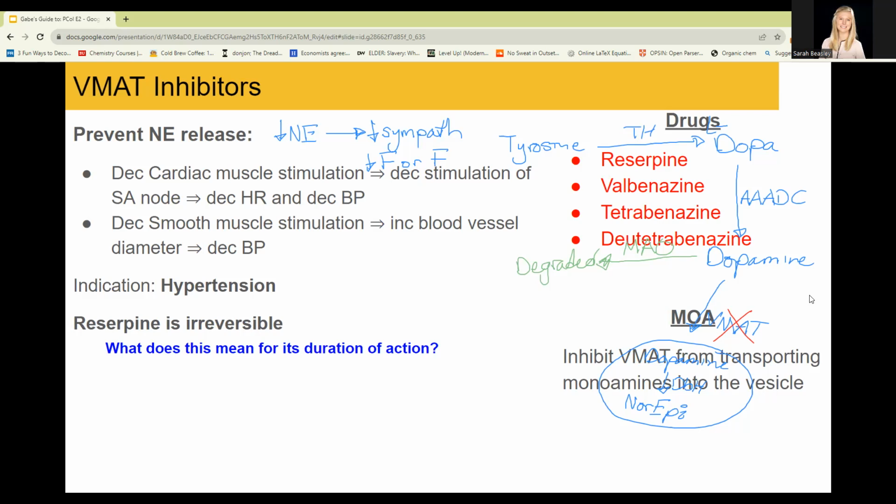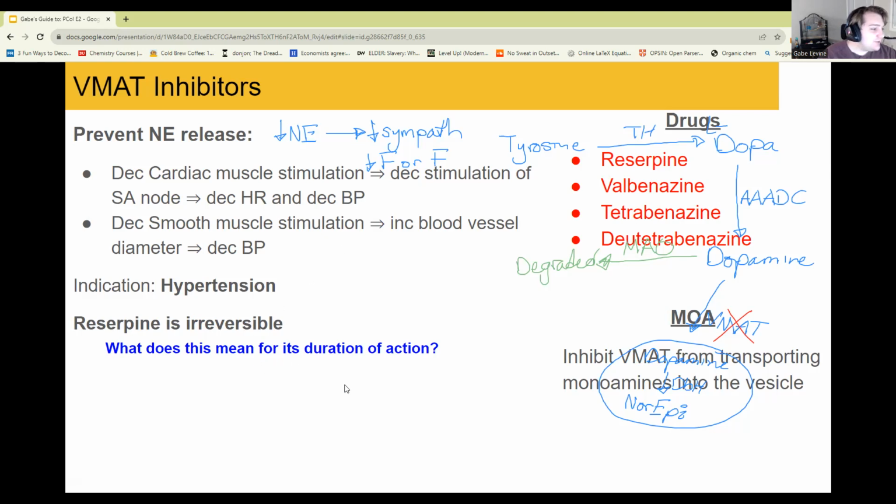Essentially it has to get rid of the old VMAT that has been destroyed, and make all new vesicles. So reserpine is a great drug for VMAT inhibition because it relies on the body to go through these processes rather than just regular old pharmacokinetics of molecules bouncing into each other. So duration of action is much longer than these other drugs.